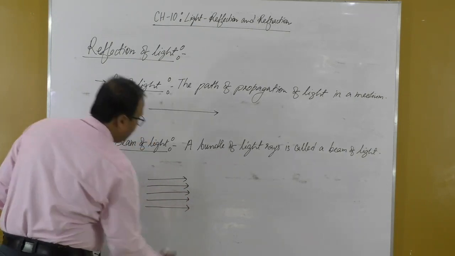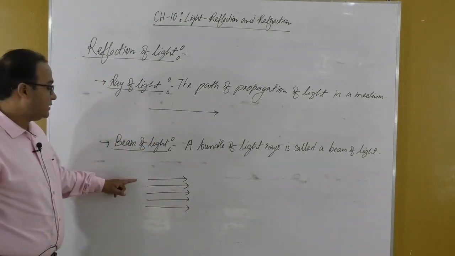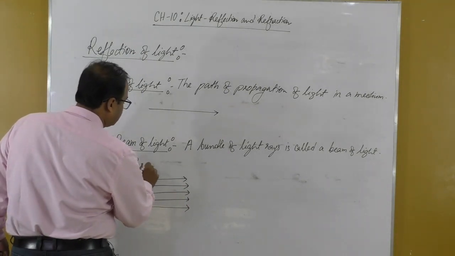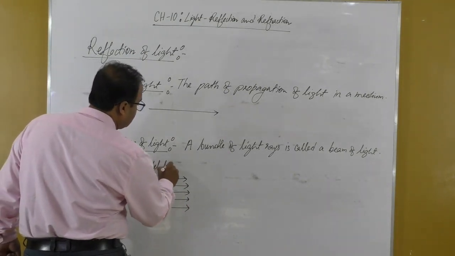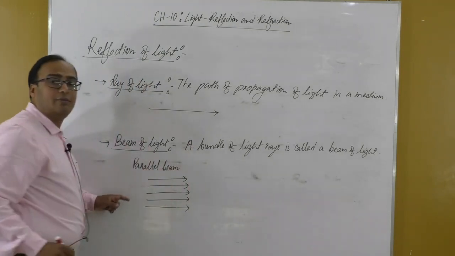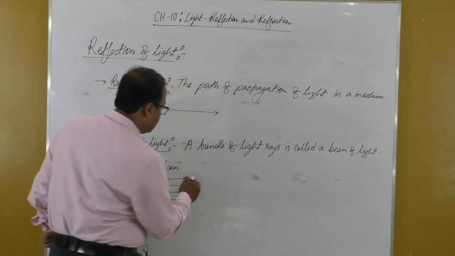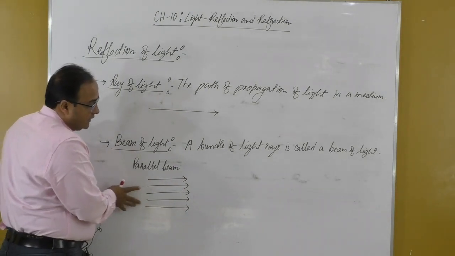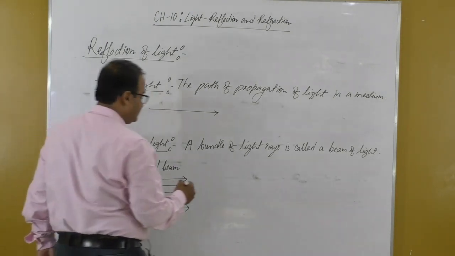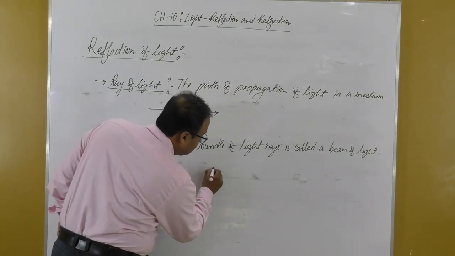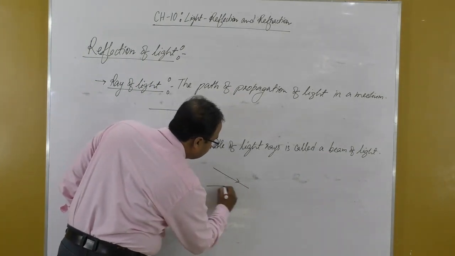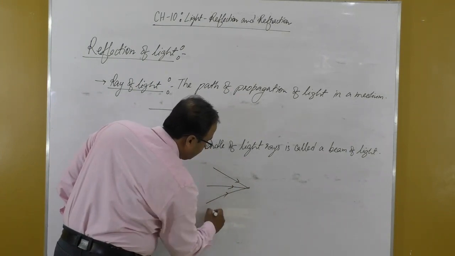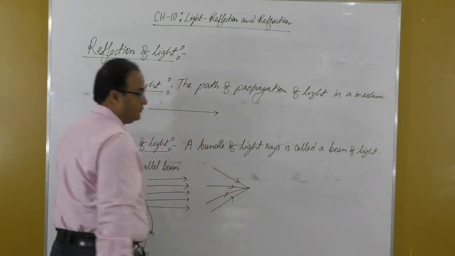This is a bundle of light ray, and this is actually the parallel beam of light. Here the distance between the light rays remain the same as the light rays proceed forward. Then here, as the light rays proceed forward, the distance between the light rays keep on decreasing.